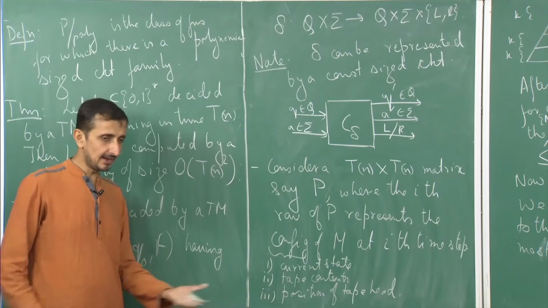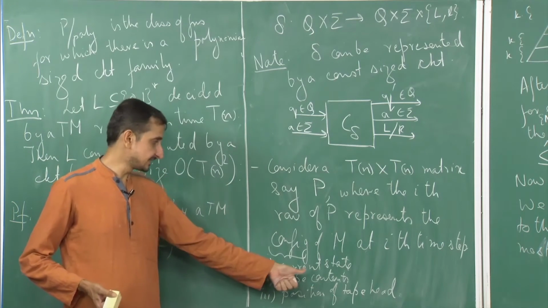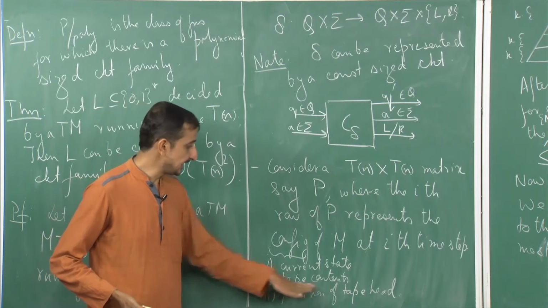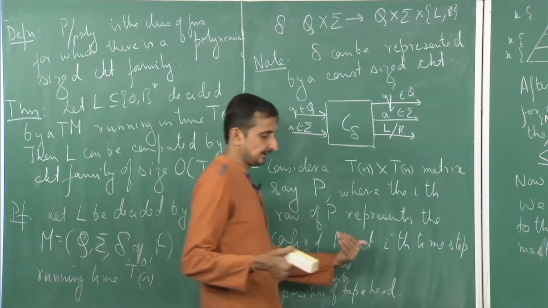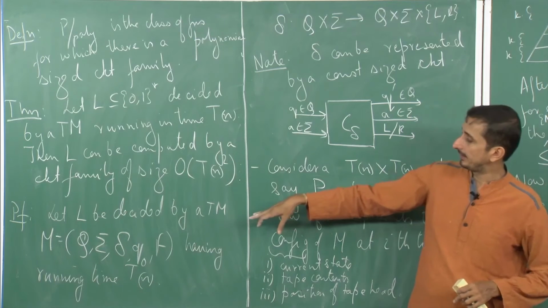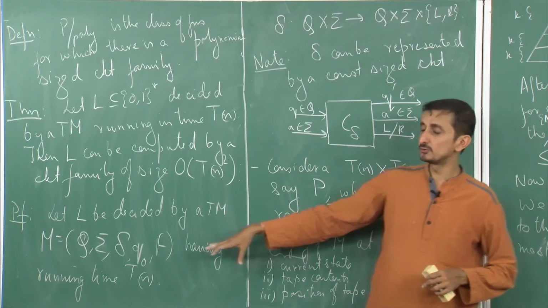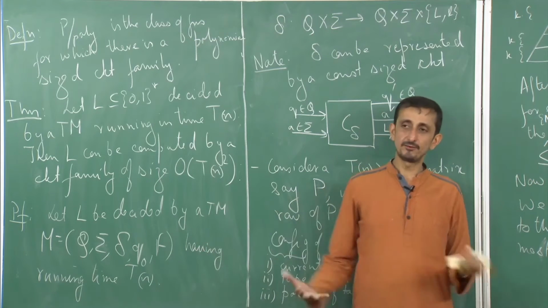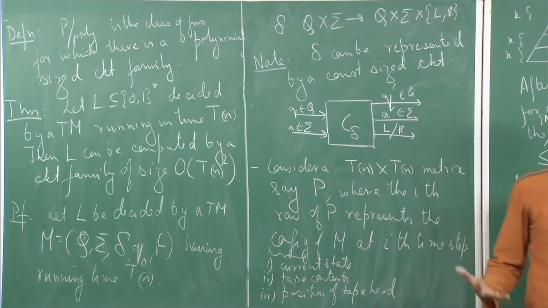Okay. So, now note that, of course, the state is a constant thing, but the tape content, at any point in time the number of cells used in this machine M can never exceed T of n, because that is the total running time.